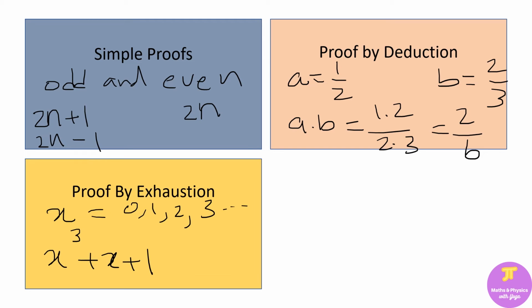So in this case, there are two possibilities. x could be an even number and x could be an odd number. So how do we prove this x cubed plus x plus 1 is always an odd number? We will look at this question in one of the examples later.